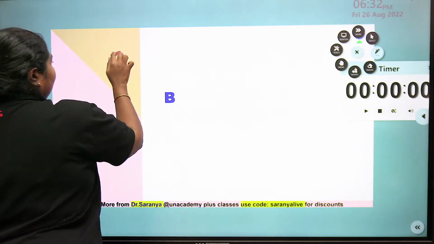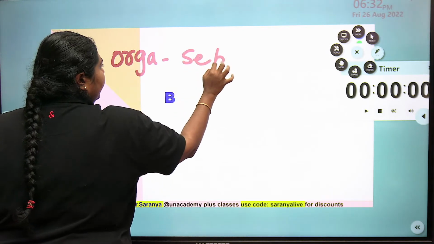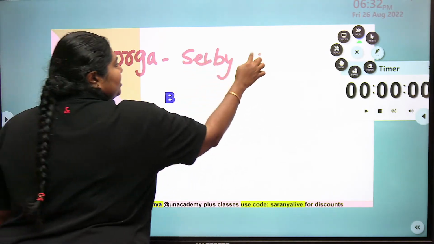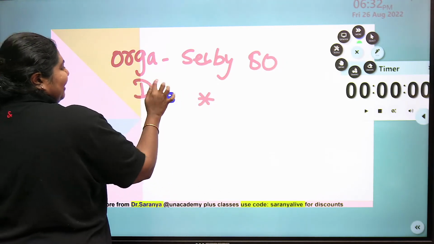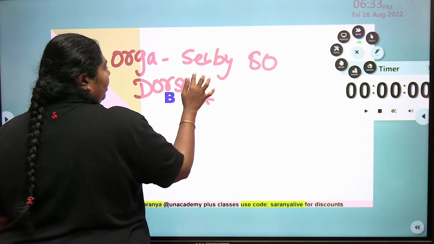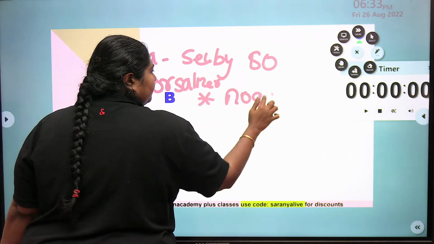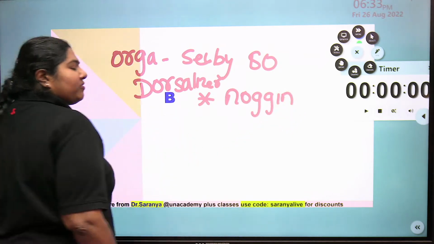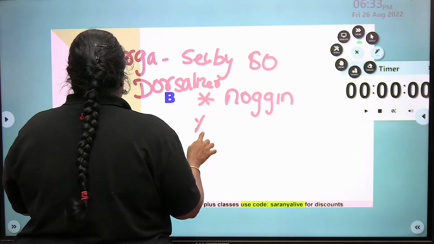The organizer is what is being secreted by your Spemann organizer. It is all the dorsalizers. Who are the dorsalizers? You have studied noggin. Noggin is an organizer.